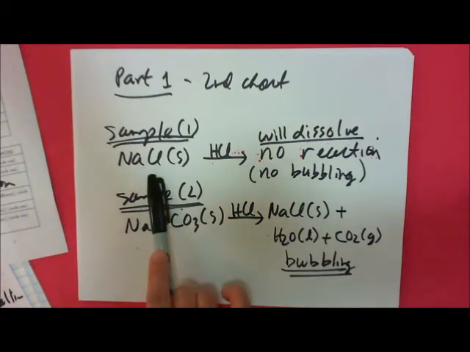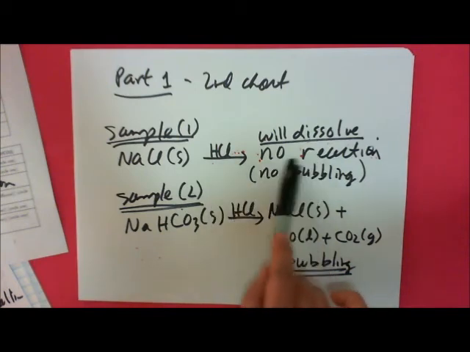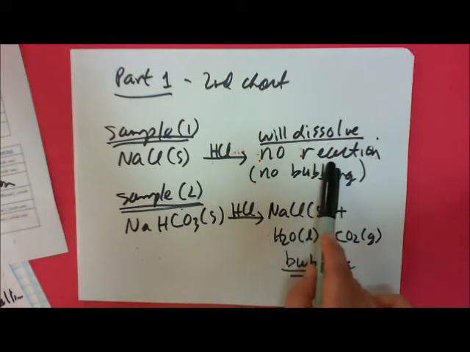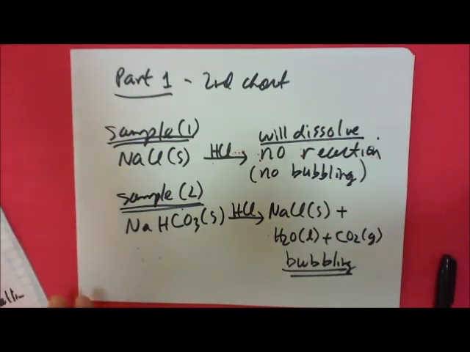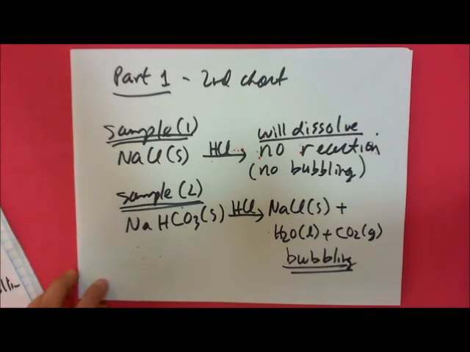Sorry, let me zoom out again. When you dissolve sodium chloride in hydrochloric acid, this is not a chemical reaction. This is a chemical reaction. So does this involve a chemical change? Why, yes. Then you're going to complete the second part of that chart, and then you're done with that part of the experiment. So that is part 1 in full. That is the end of part 1.